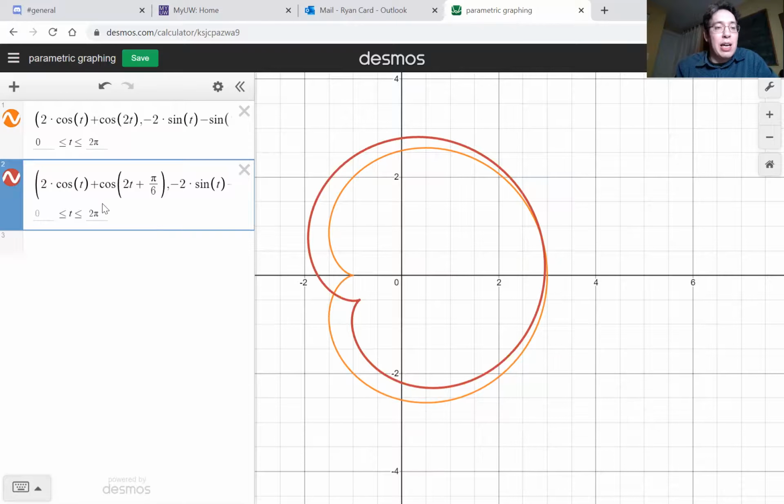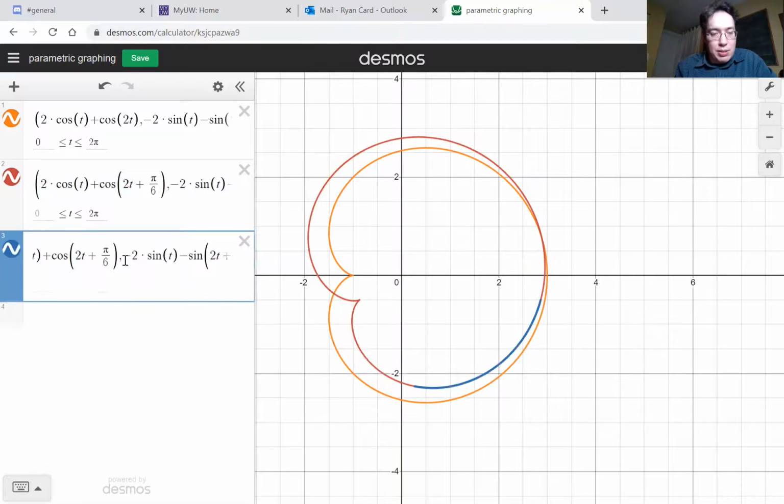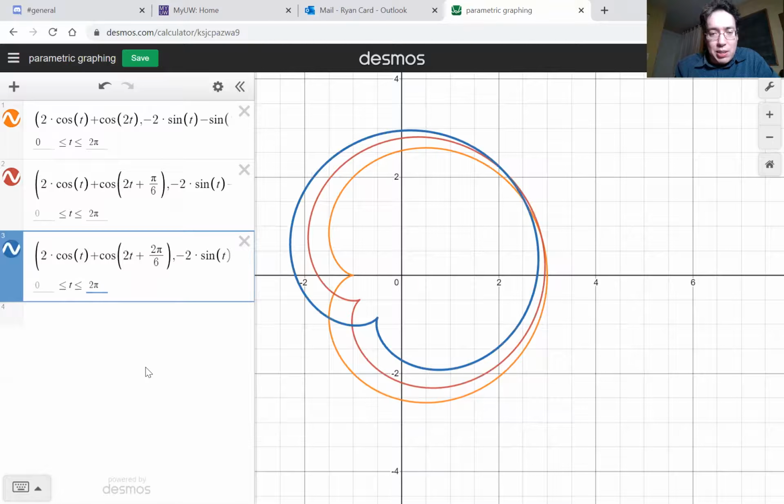And you can kind of see that if I shifted this picture, I really don't want to do too many of these because I don't think you have the patience to sit there while I type 12 of these things out. But you can kind of see that the floral pattern is now developing.